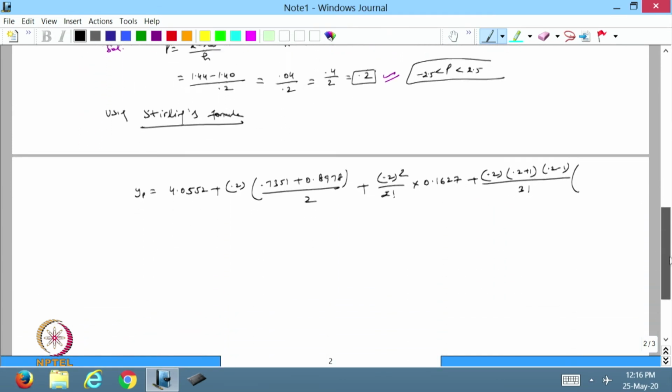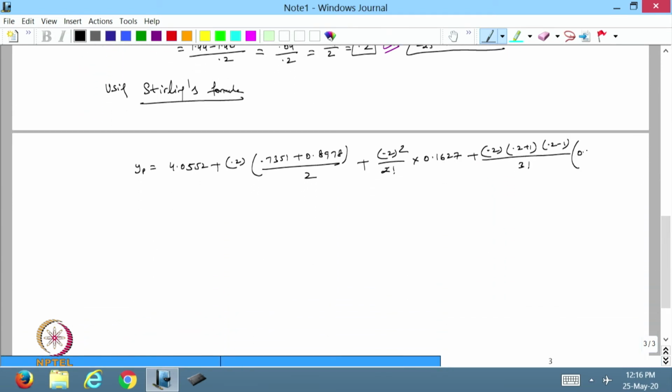So the average of the next two values will be 0.0294 plus 0.0361 by 2. And then the last one will be p square, so 0.2 square minus 1, by 4 factorial, into the last value that is 0.0067. So I will stop here and then I will calculate all these values.